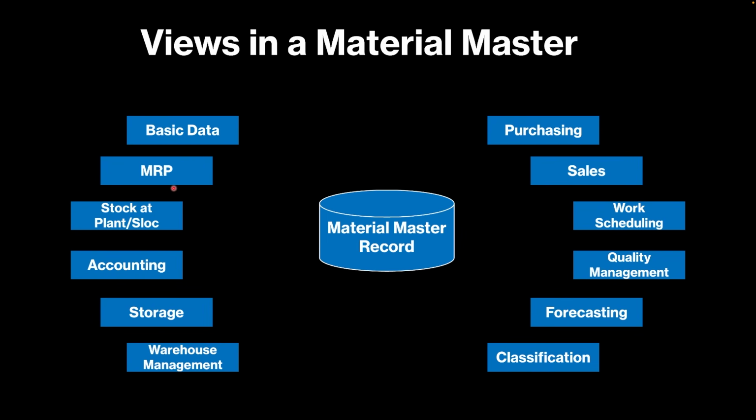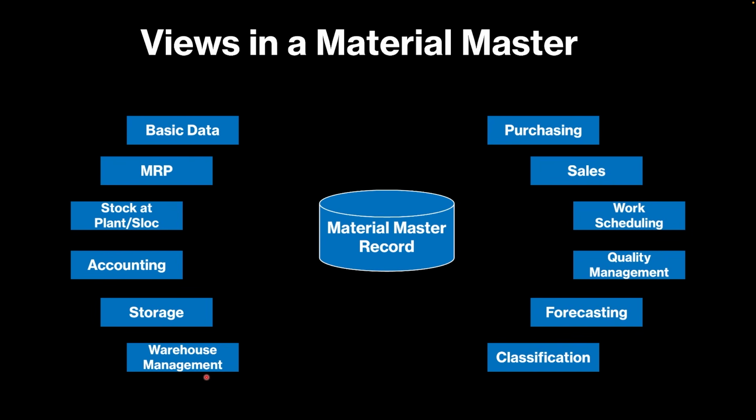Then you have MRP data, which will be used by the MRP controller. Then you have stock at plant or storage location data, which will be used by the warehousing manager. Then you have accounting data, which will be used by the accounting department. Then you can see you have storage data and warehouse management. So you can see every department will be utilizing this material master record for its own activities.